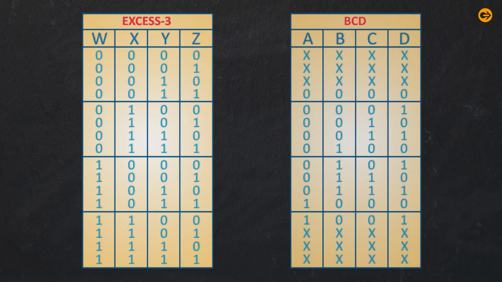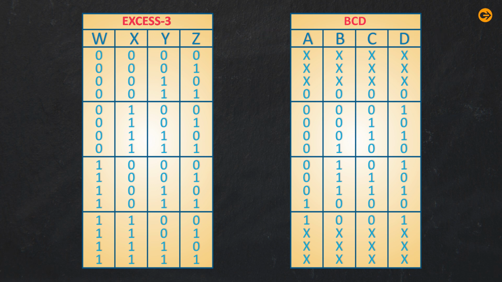This figure illustrates the truth table of XS3 to BCD. Here we can see the left side represents XS3, where W is the MSB and Z is the LSB. The right side represents BCD, where A is the MSB and D is the LSB.